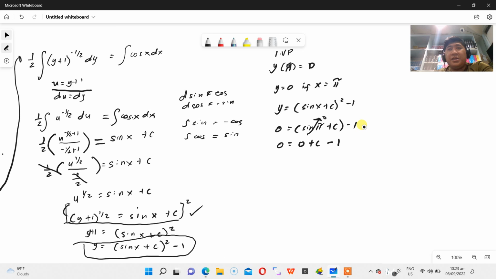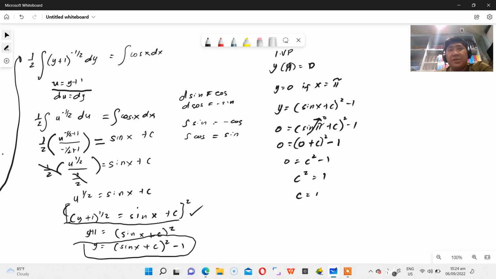Okay, sorry, that is squared, the whole thing squared. So from there, you have 0 equals c squared minus 1. So you have c squared equals 1. We transfer the 1 to the other side to make it positive.